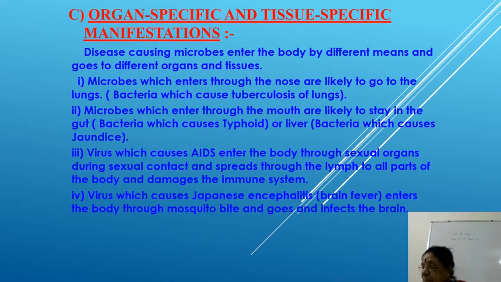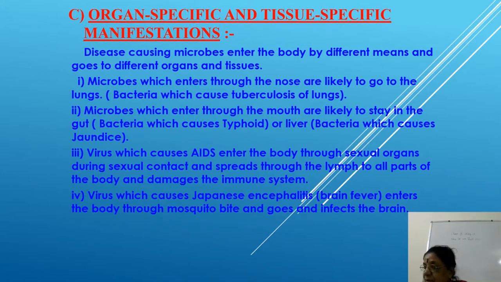It is also important to remember that the severity of the disease manifestation depends upon the number of microbes in the body. Normally viruses multiply faster, whereas a single bacterium can also cause infection.